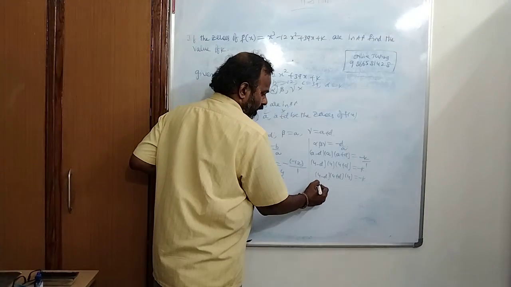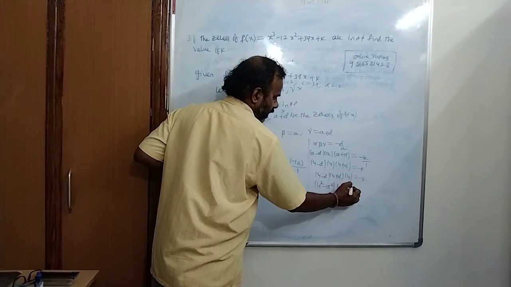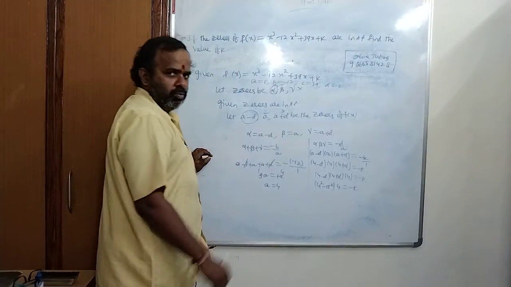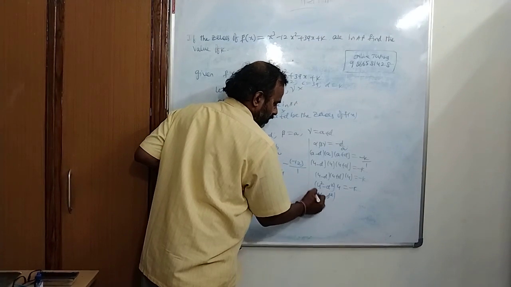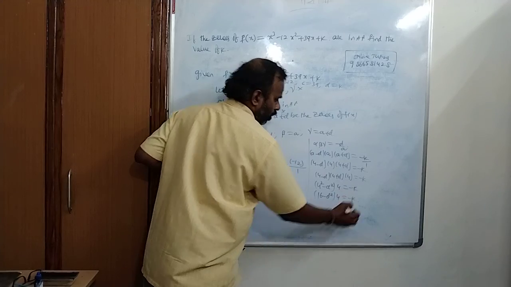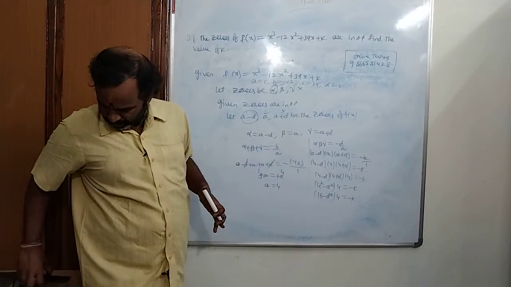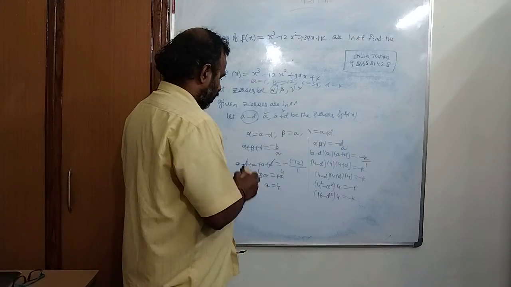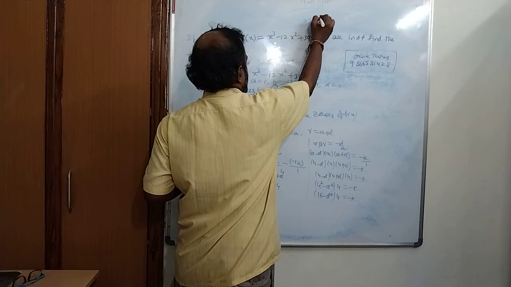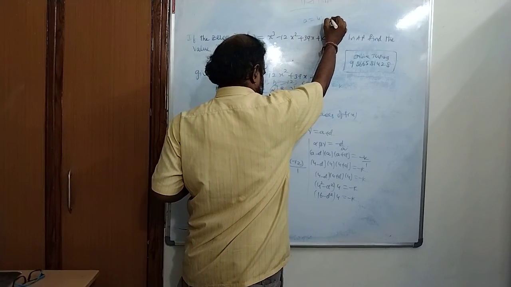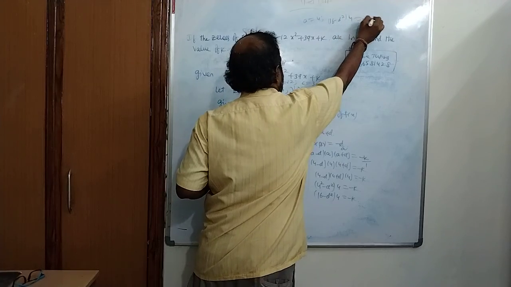So a square minus b square, 4 square minus d square into 4 is equals to minus k. 16 minus d square into 4 is equals to minus k. Now here let us write separately a is equals to 4 and 16 minus d square into 4 is equals to minus k.